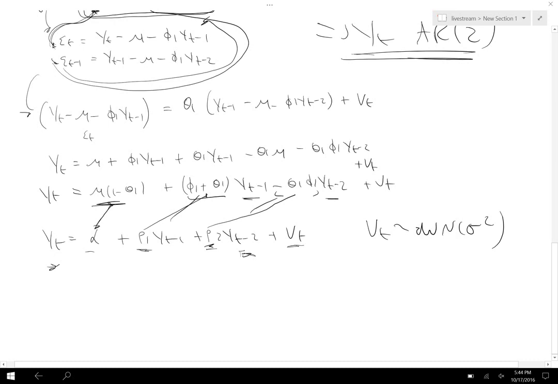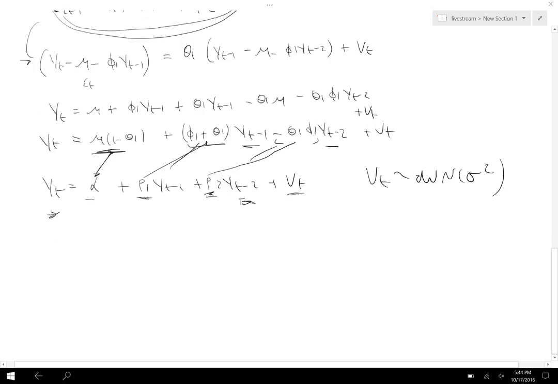So what do you think is going to happen if we have an AR(1) where the errors are now an AR(2)? What do you think the true model will be?